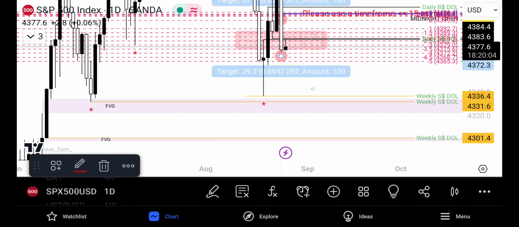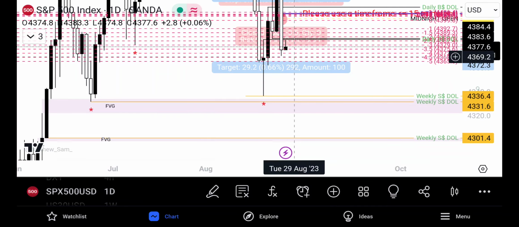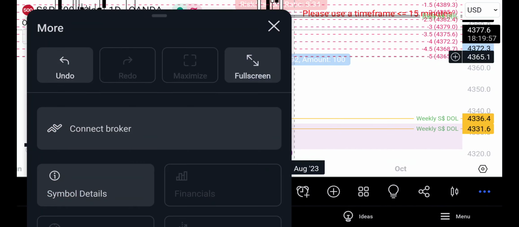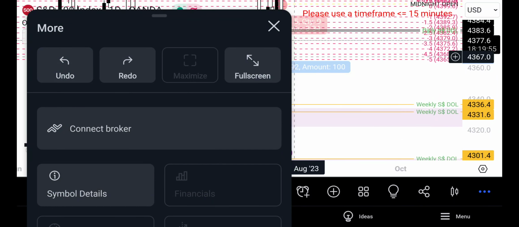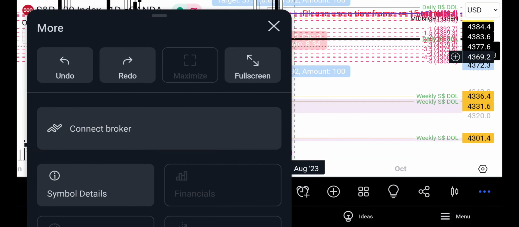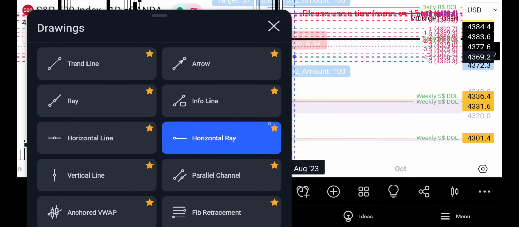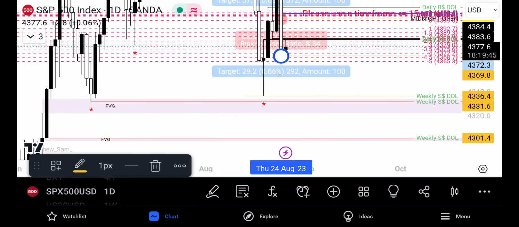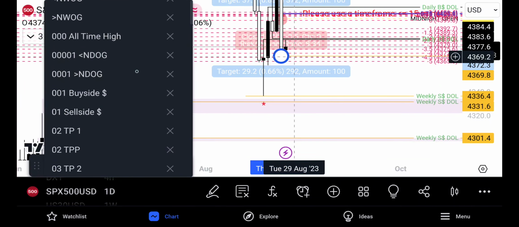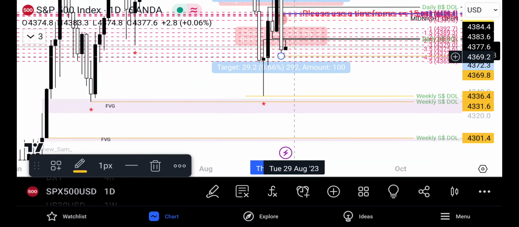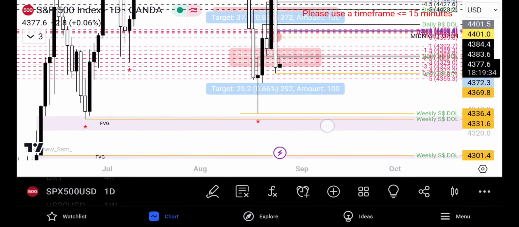Targeting Thursday's low. That would be the first target. Where is it? All right, I'll just redo it. Not a big deal. I'm just going to set the daily sell side draw on liquidity. Lock that in. Okay.